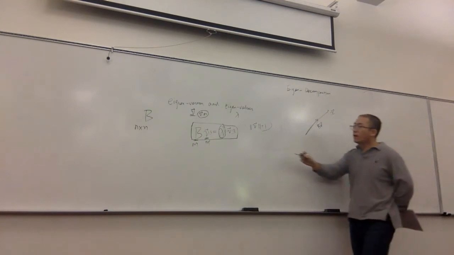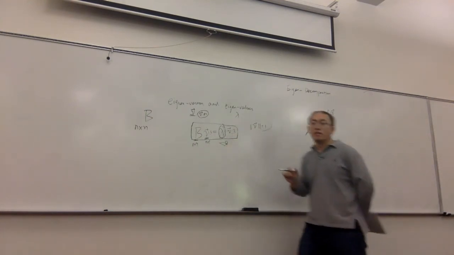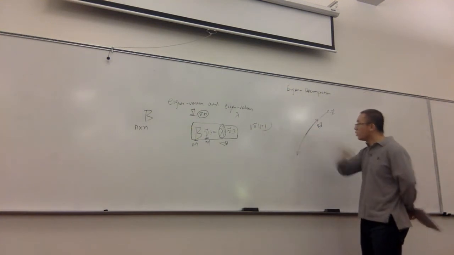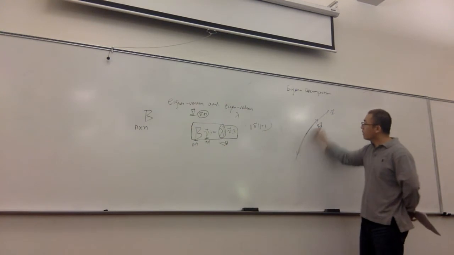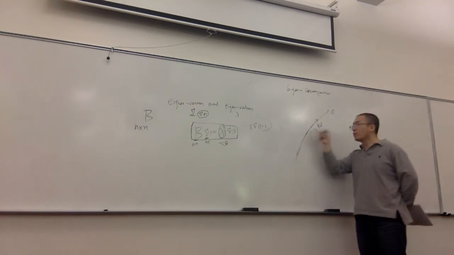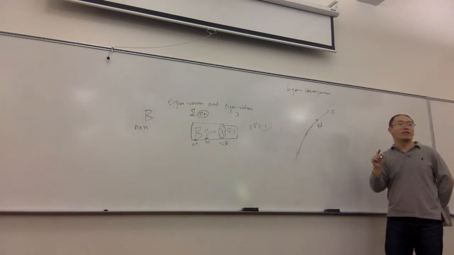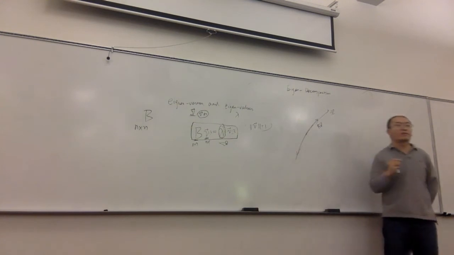Of course, if lambda is less than 0, then BV could be in a totally opposite direction. But it must be consistent. It cannot have some angle between them; the angle is either 0 or pi. So this is a property of an eigenvector.